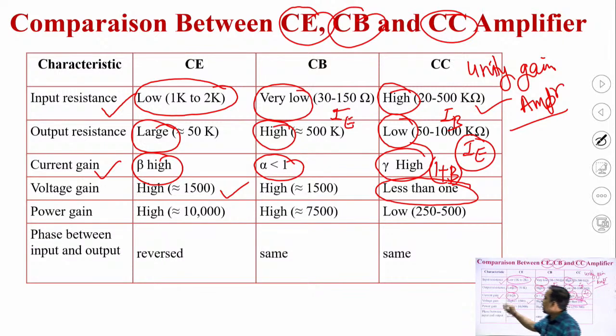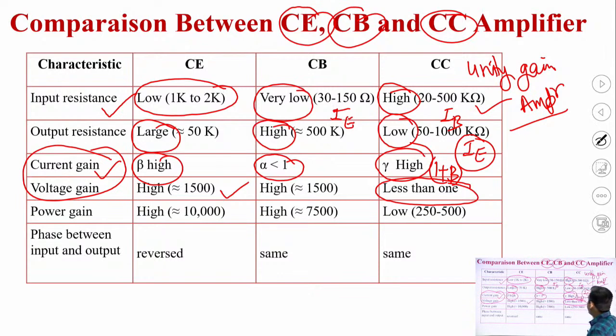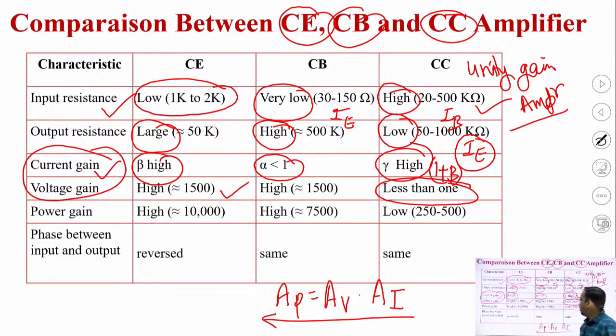If you want to calculate the power gain, it can be obtained by AP equals AV, the voltage gain, multiplied by AI, the current gain. So here we can observe that this value is high, this is also high, which will result in a high power gain.